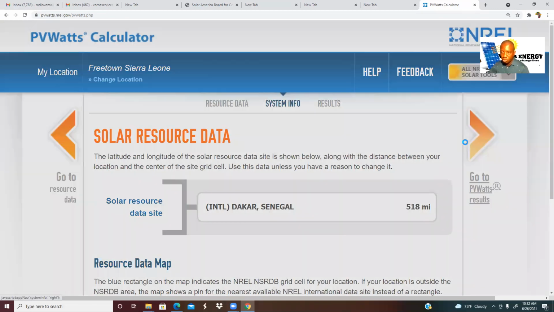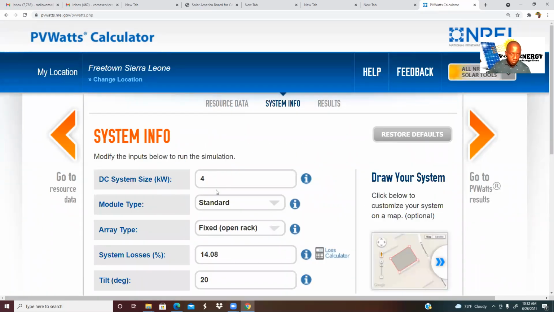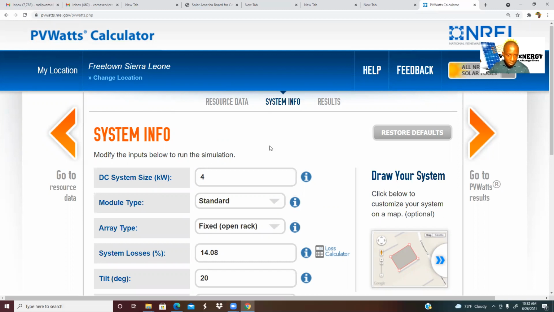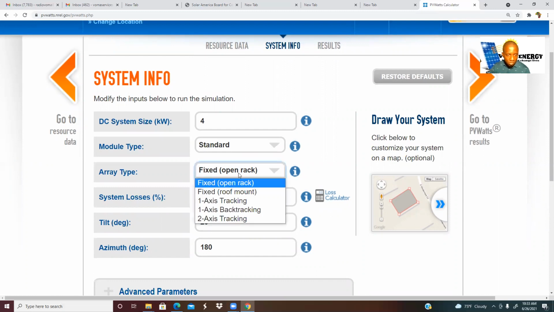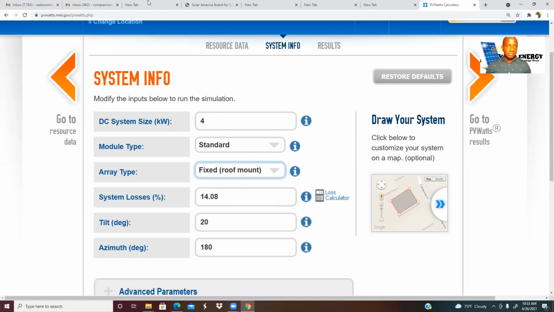Sierra Leone and Liberia, being close, have similar weather. So here we see our DC system size. We take this to 1. We will change our tilt angle. Azimuth is 180. What was the tilt angle? Fixed roof mount, yeah. The system losses.